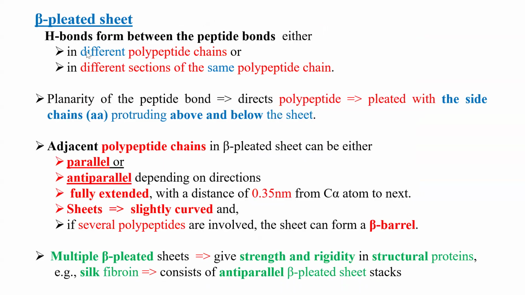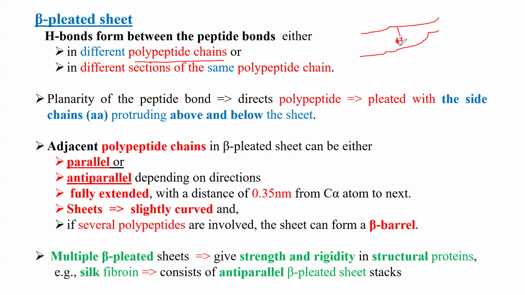Then the next thing is the beta-pleated sheet. In the beta-pleated sheet, hydrogen bonds form between the peptide bonds. The hydrogen bond can be formed between different polypeptide chains, or in different sections of the same polypeptide.